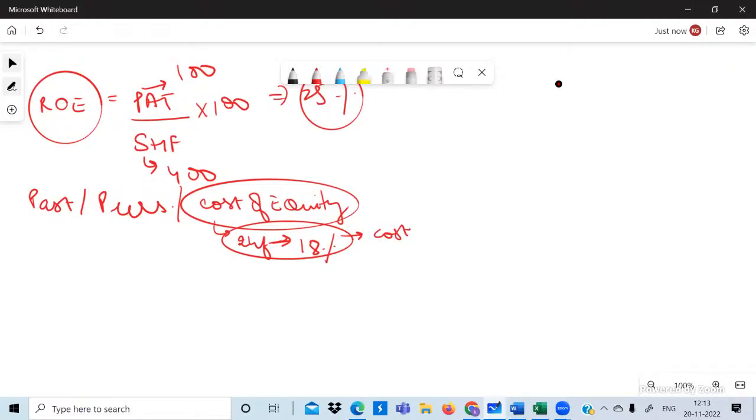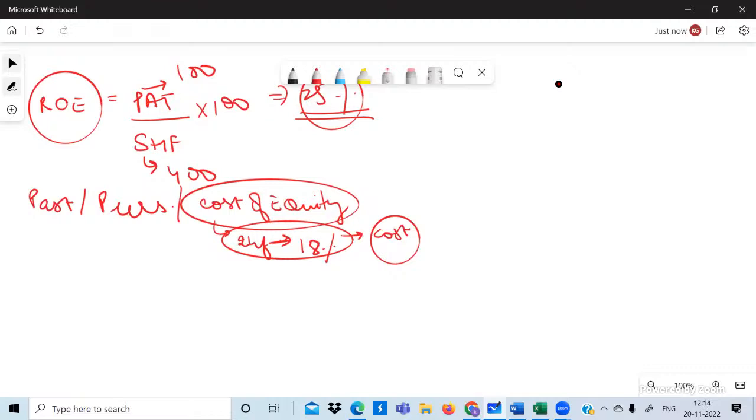So it's a return for the shareholder, but it's a cost to the company. So let's say the shareholders have an expectation of 18%. The company has given a return of 25%. That's good because the return that you're generating is more than the cost. So it's good because you've created value.